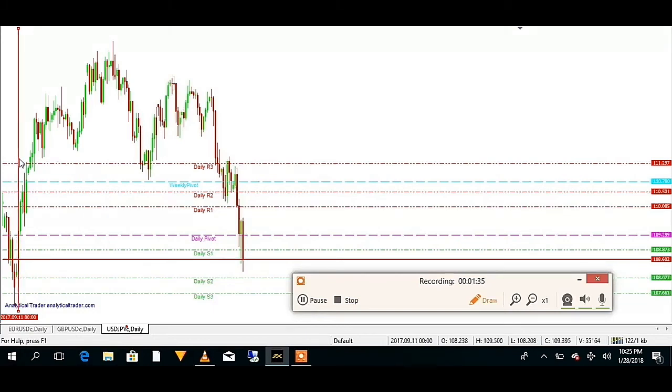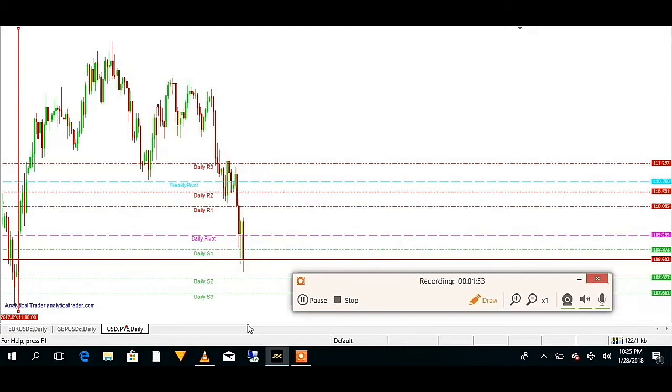Okay, it's the 11th. So on September 11th the market was there, and at that moment the market took a buy trend. So now USD JPY is also at that position, so anytime the market can take a buy trend.